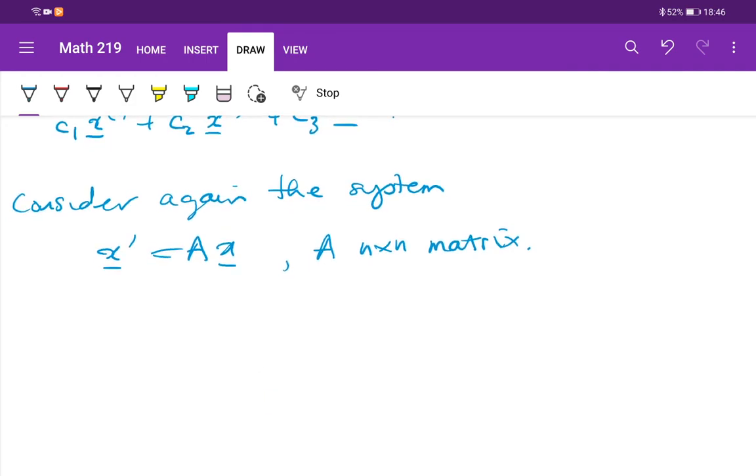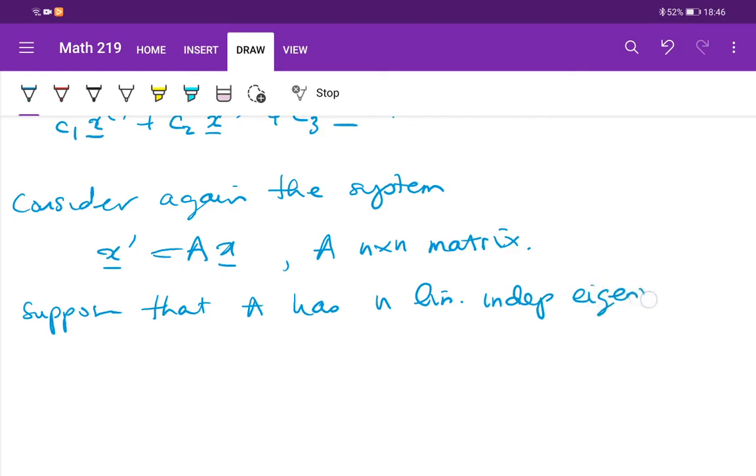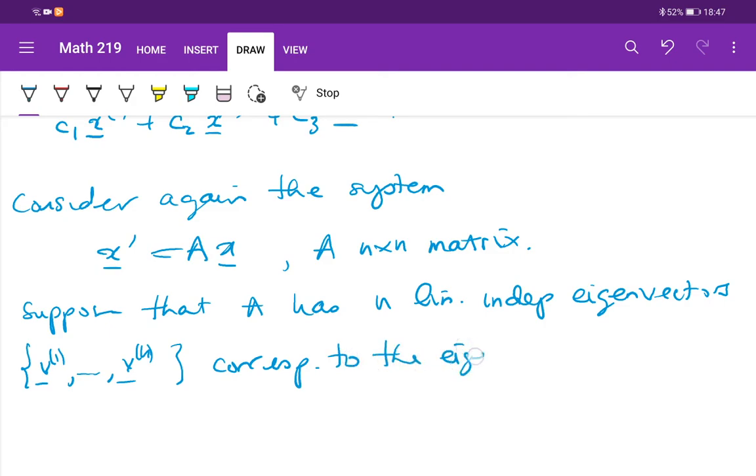Suppose that A has n linearly independent eigenvectors, say v1 up to vn, corresponding to the eigenvalues lambda 1 up to lambda n.